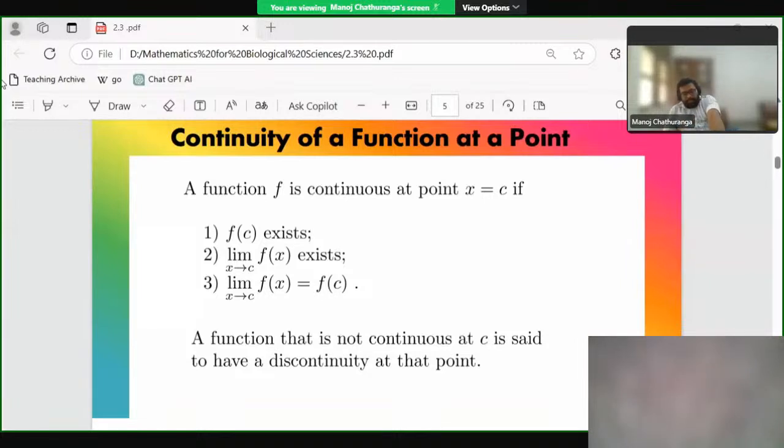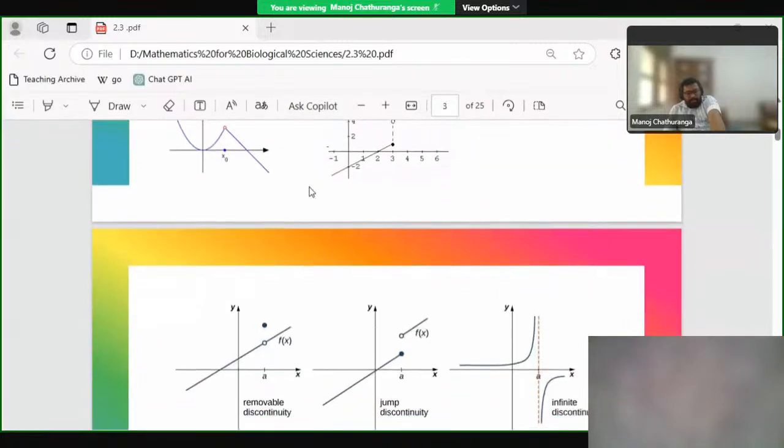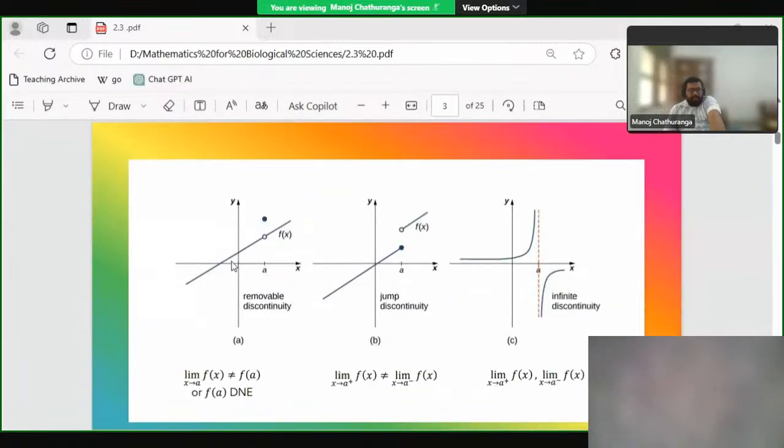Let me show you a picture. You can see it from the leftmost picture. So we have a hole on the graph and the function value is somewhere else. This is called a point discontinuity or a removable discontinuity.